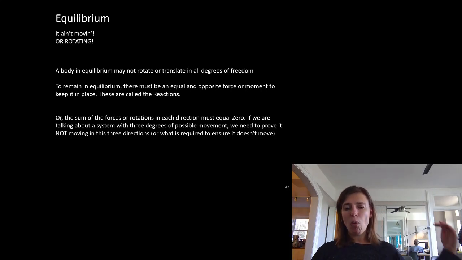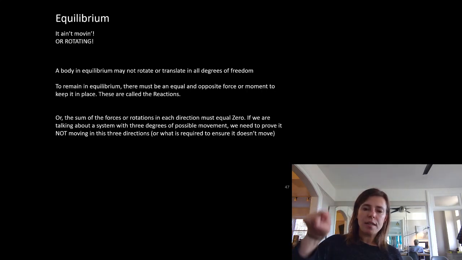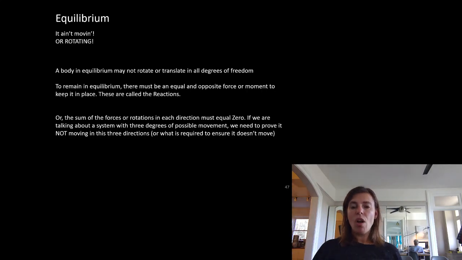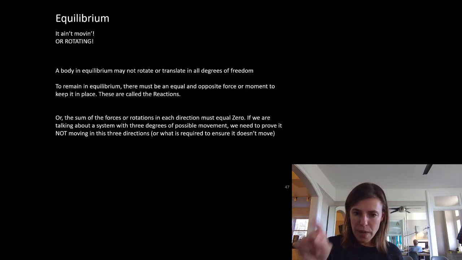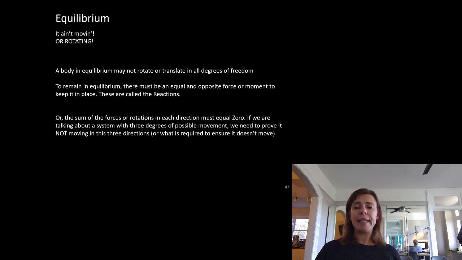Everything trying to push it that way and any reaction trying to push it that way, if we sum them all up, has to equal 0. Anything that causes it to spin in that direction and anything that causes it to spin in that direction, we have to be able to sum up the rotations and have it equal 0. Remember, moment, spinning it, an eccentric force, spinning it. So we need the sum of all of the forces in our y direction to be 0, the sum of all of the forces in our x direction to be 0, and the sum of all of our moments about the z-axis to be 0.